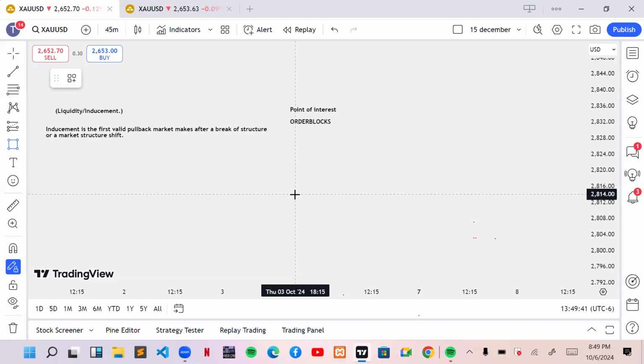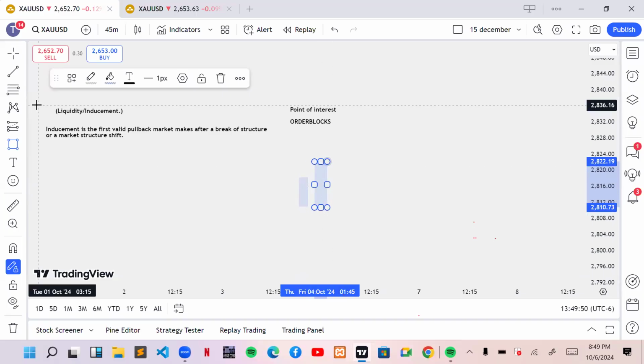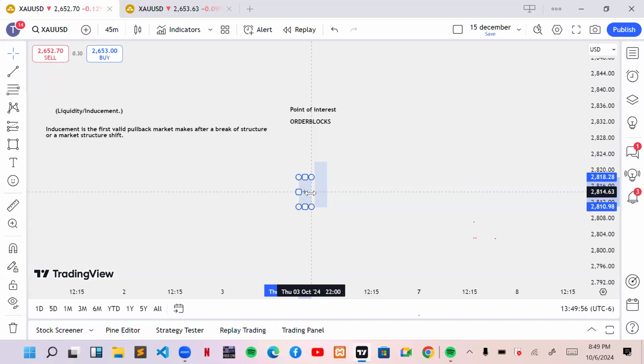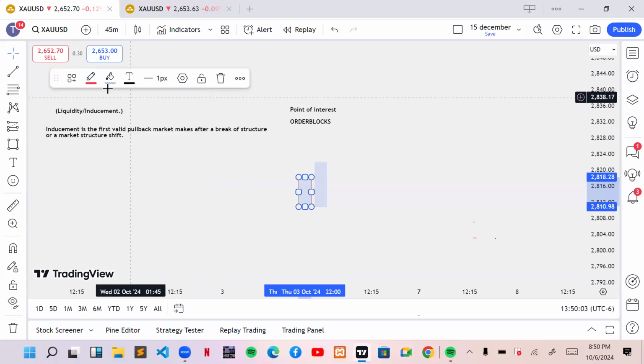For a bullish order block, you will see a bearish candle and then you will see a bullish candle engulf it. So something like this. This is what a bullish order block looks like when you're looking for buys. You see a bearish candle, you see a bullish one engulf it. So let me make this look more like the ones you would see on your chart.